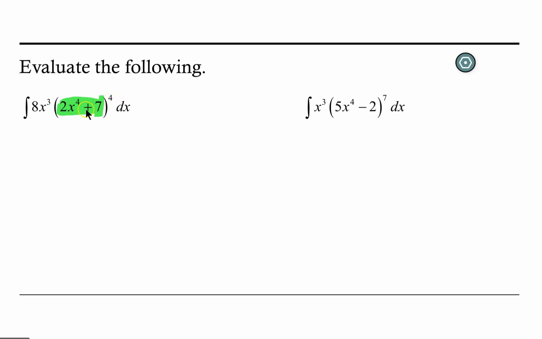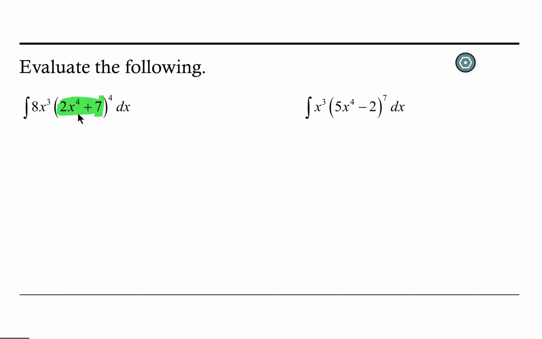So I see a composition of functions here, where 2x to the fourth plus 7 is inside the base to the fourth power. Also, I notice that if I were to take the derivative of this 2x to the fourth plus 7, I would end up with 8x cubed.